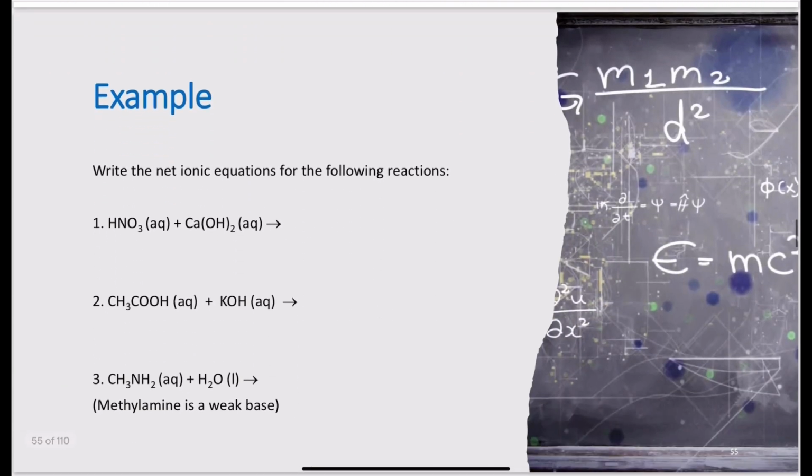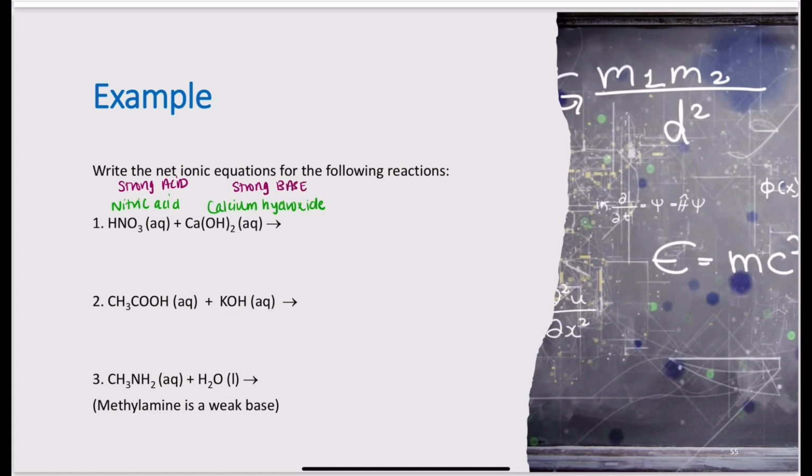Let's look at some net ionic equations. Write the net ionic equations for the following reactions. I have nitric acid reacting with calcium hydroxide, so I've got a strong acid reacting with a strong base.